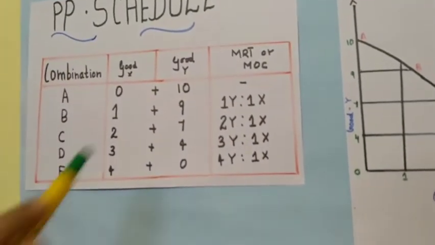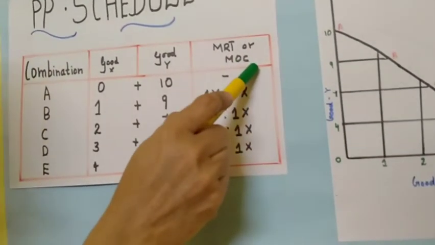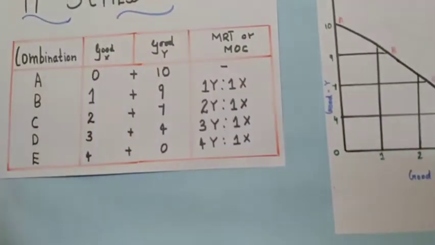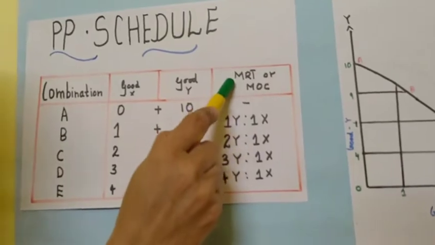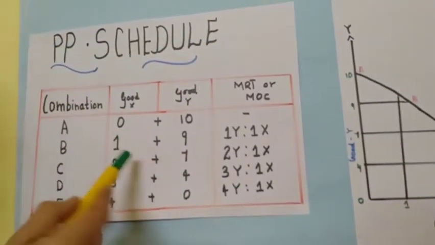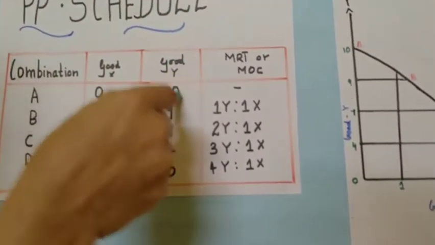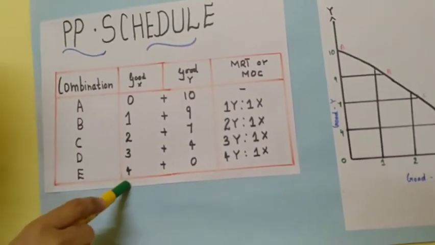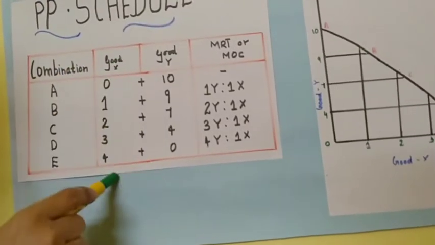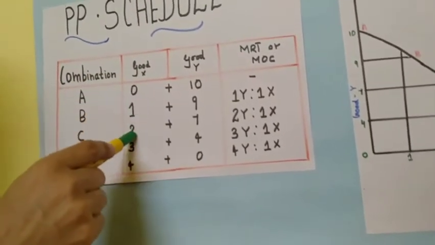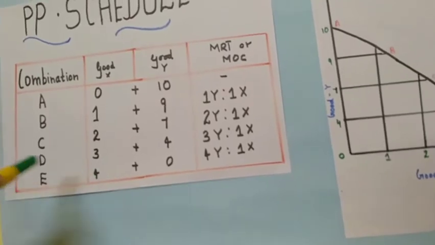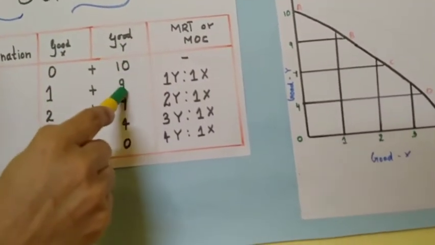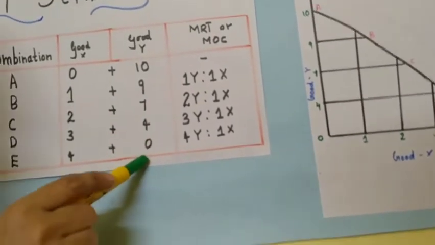I told you, marginal opportunity cost is the additional cost of the next best opportunity. MRT is the marginal rate of transformation. We are transferring resources from the production of Y to the production of X. Here we can see that for increasing the production of good X, 0 to 1, 1 to 2, 2 to 3, 3 to 4, we are reducing the production of good Y, 10 to 9, 9 to 7, 7 to 4, 4 to 0.